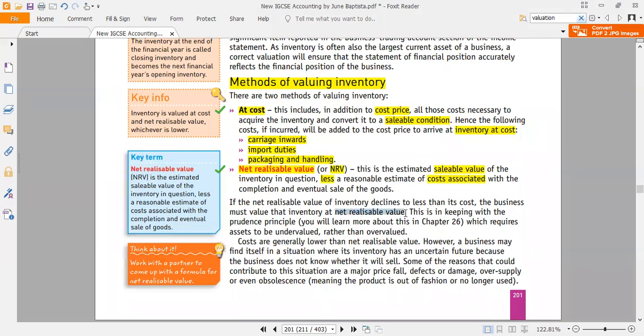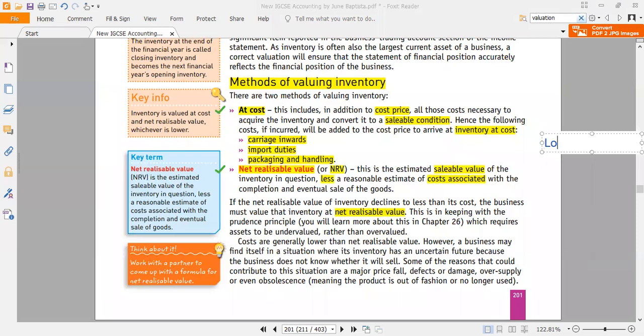What is that? If its cost is, one thing is there. Let me write it down here. This is the method how we record inventory.